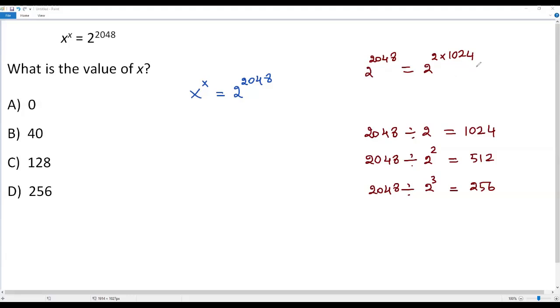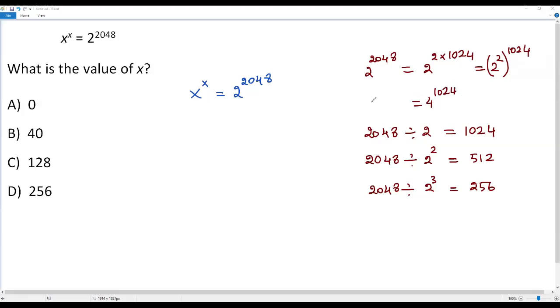At the exponent, whenever two numbers are multiplied, we can take one of the numbers as the exponent for the base 2, and the other number as the exponent for the whole stuff. Here I'm taking the first number 2 as the exponent for the base 2, then we get 2 squared. And let me take the other number 1024 as the exponent for the complete stuff. 2 to the power of 2 is just 4. We get 4 to the power of 1024.